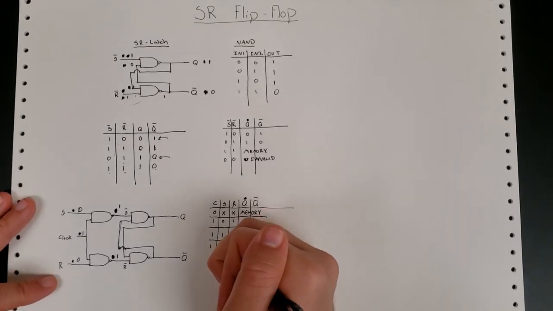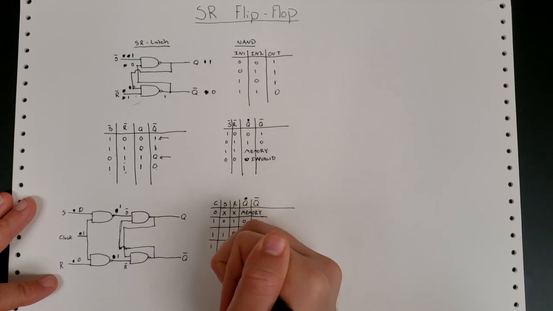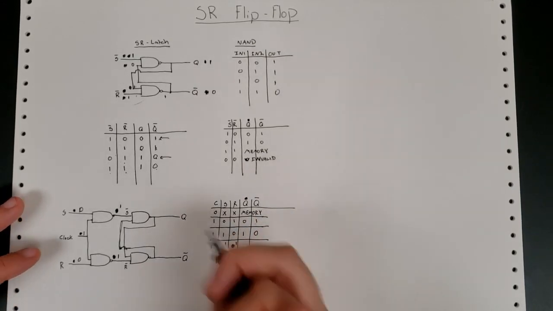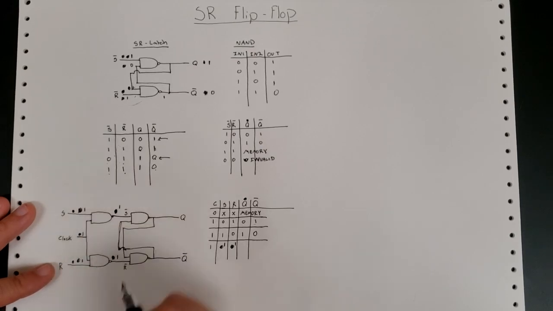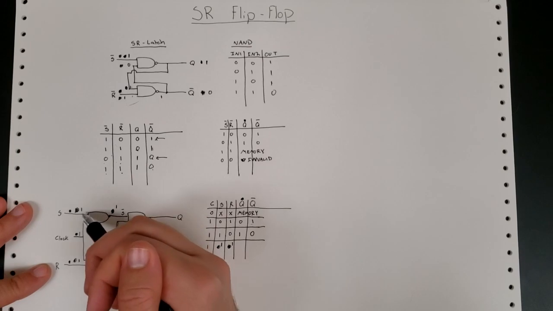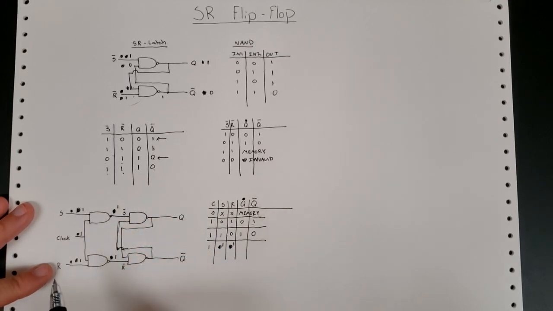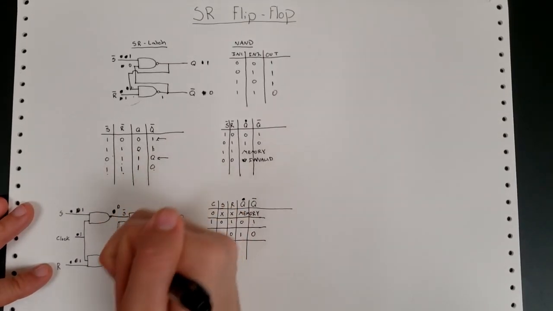Oh, sorry. This is the case that I want to do. If these are all 1s, then 1, 1, 1, 1 for all of these, and for both of these NAND gates, then we get an output of 0 for both of these.